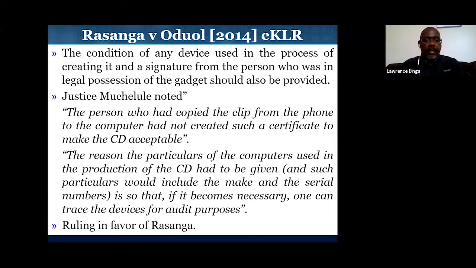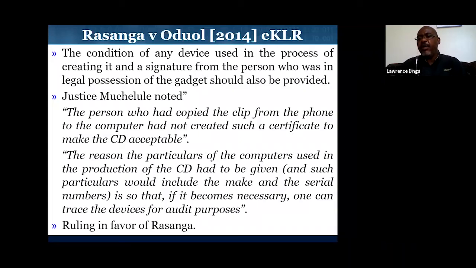He said that the person who had copied the clip from the phone to the computer had not created such a certificate to make the CD acceptable. The reason the particulars of computers used in the production of the CD had to be given is that such particulars, like the serial number, mean that if it becomes necessary, one can trace the devices for audit purposes.